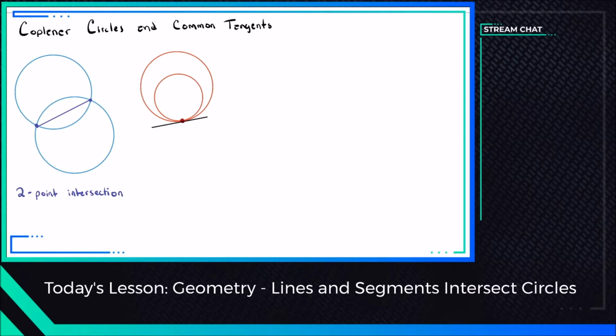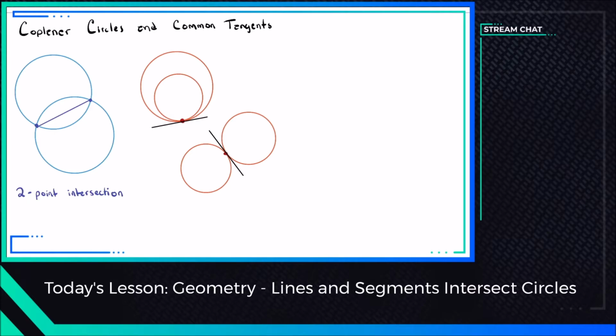Or we can have tangent circles that are on the outside of one another and touch at 1 point, like so. And once again, it wouldn't be too hard to imagine our tangent point right there and our tangent line running down the center of those two.